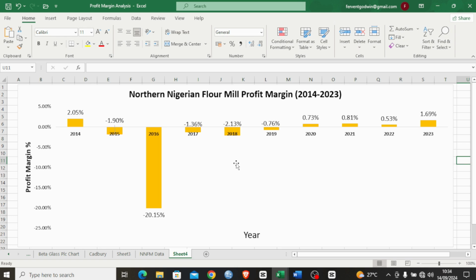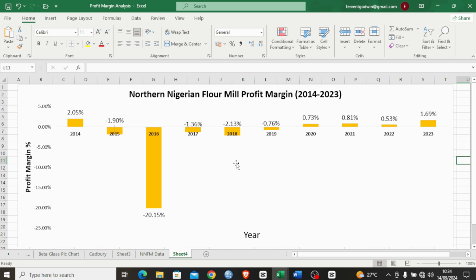Here we are dealing with the net profit margin, so we divide the net profit by the revenue and multiply by 100. The profit margin is a key indicator of a company's financial health, their pricing strategy, and their operational efficiency.